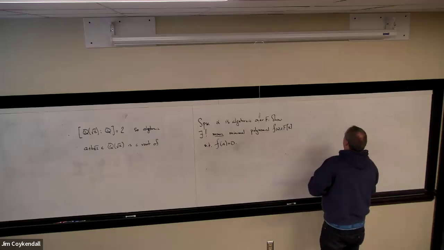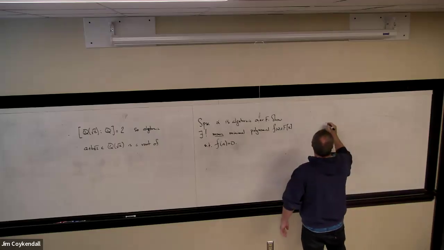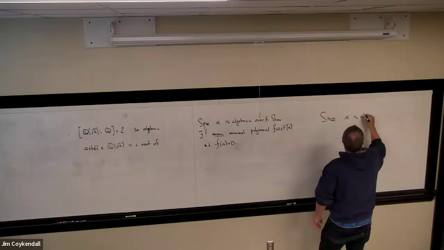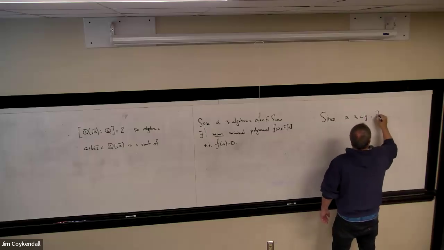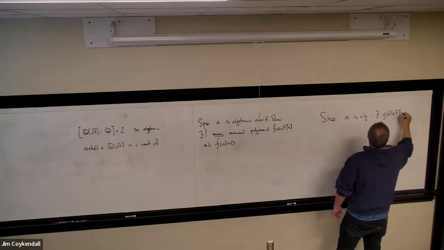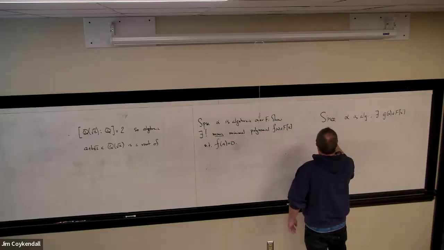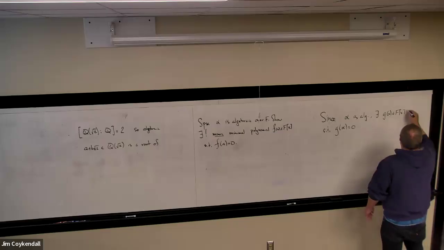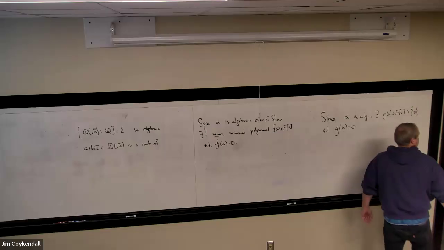Since alpha is algebraic, there exists g(x) in F[x] such that g(alpha) is 0. And let me be really careful about this.